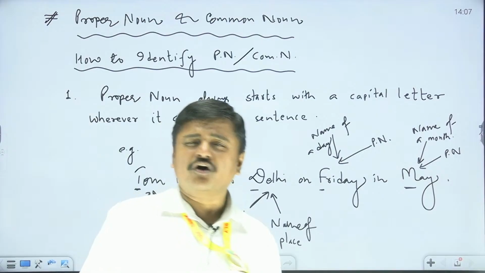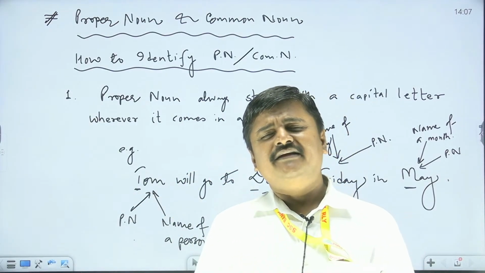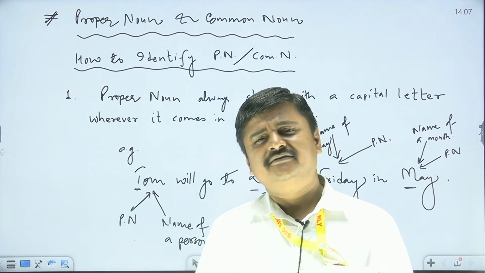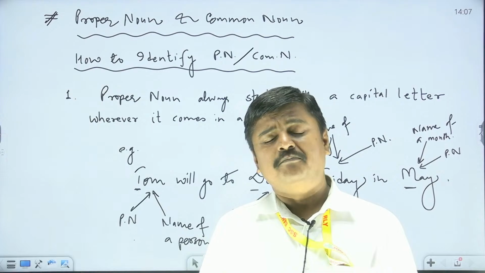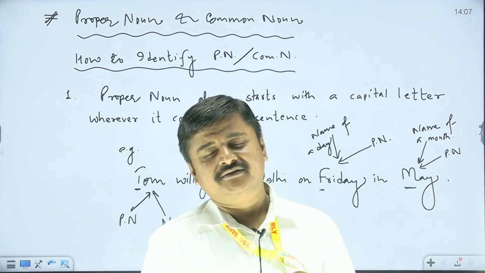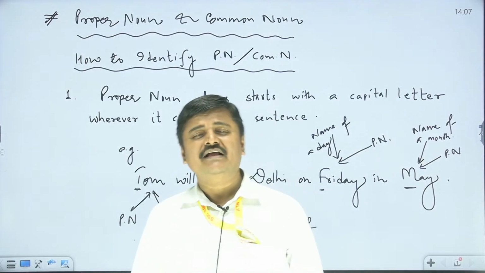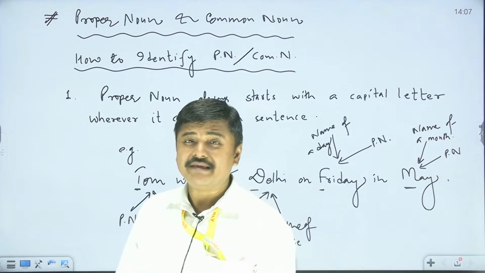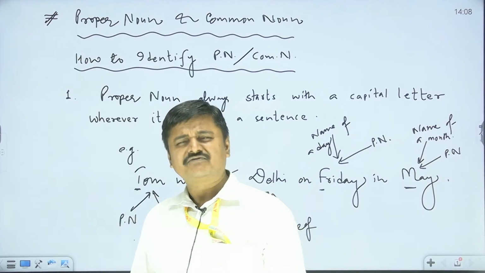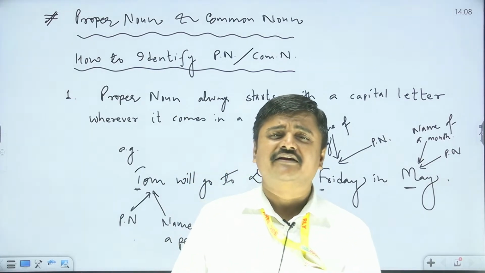Because it is not always necessary that A is equal to B, like in mathematics. If you use reasoning here, all A's are B's, but it is not necessary that all B's are A's. That's the logic that works here.